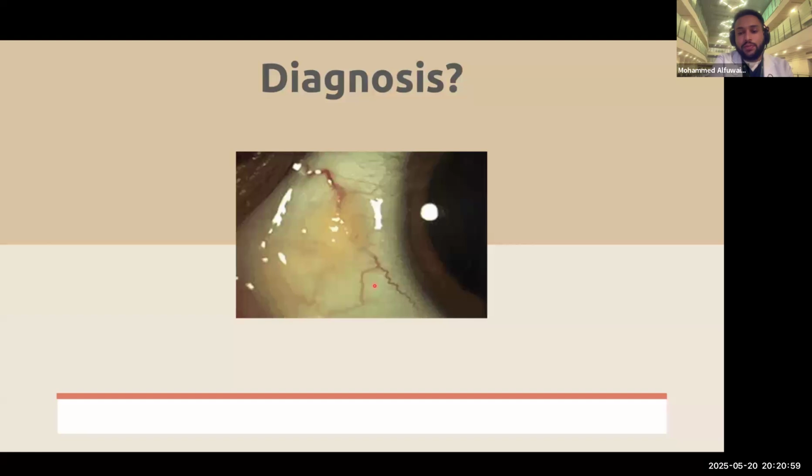What do we call this? Pterygium? No, the other one. This one is pinguecula. Pinguecula is a non-cancerous growth that happens in reaction to trauma or irritation. Will this become cancerous? Unlikely. Let's remember that.